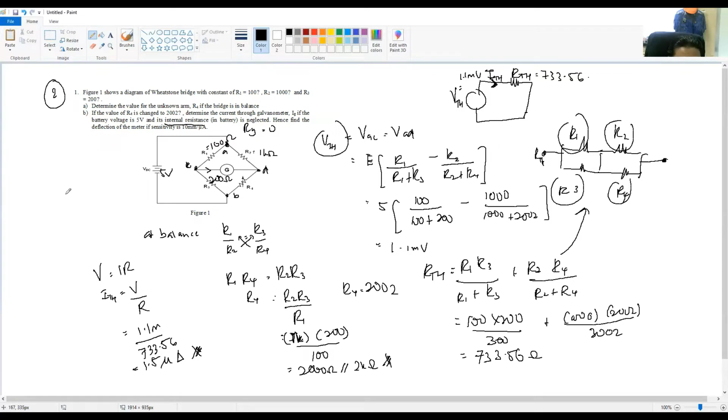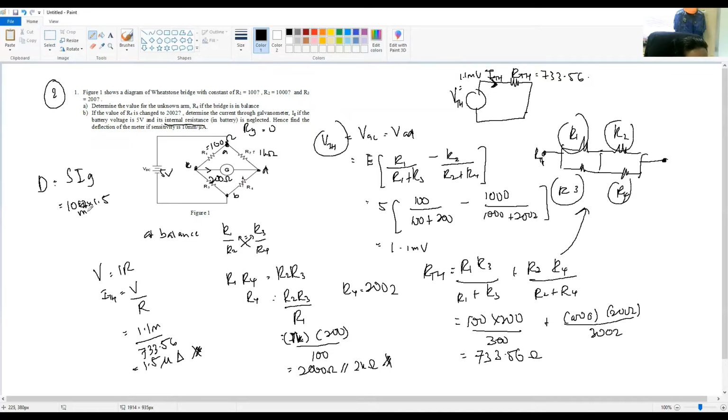And then the formula for deflection equals S multiplied by the total current. The sensitivity is 10, so 10 multiplied by 1.5 micro.